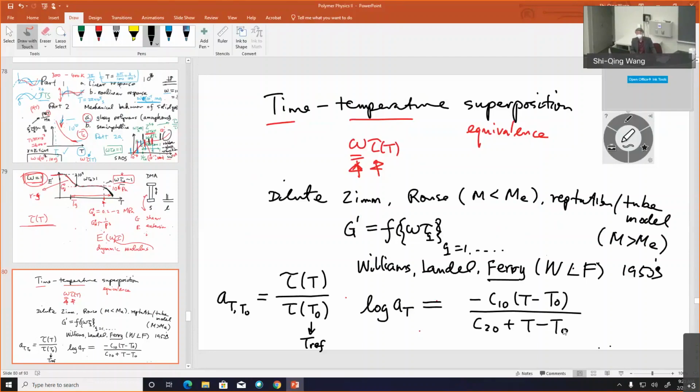If you double check, it satisfies several things. For example, the expression by definition, typically, you should regard it as used for T larger than T0. In other words, if you know T0's result, you will know your tau at a higher temperature.